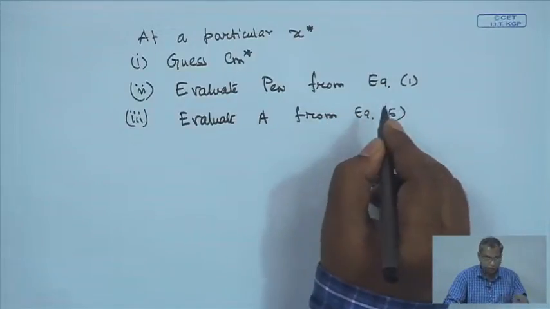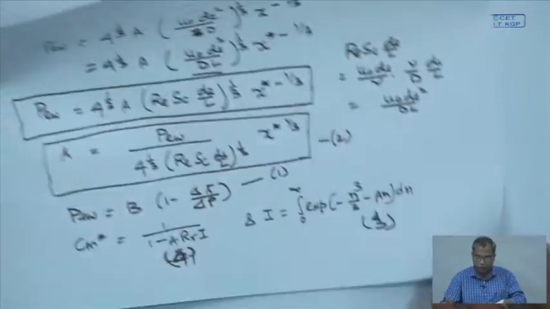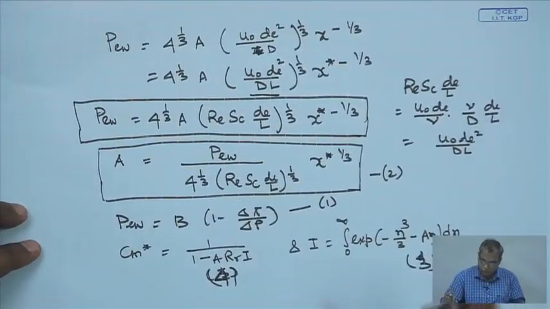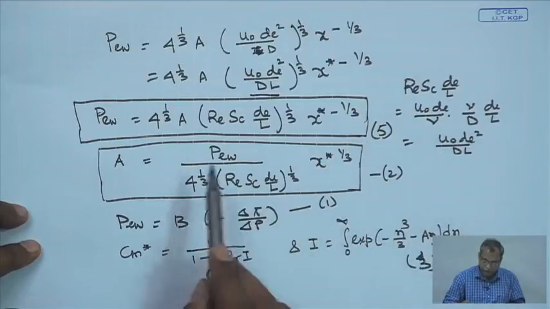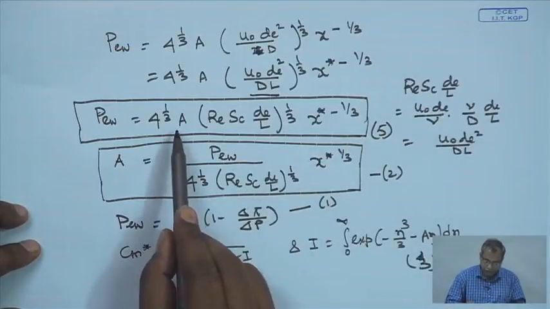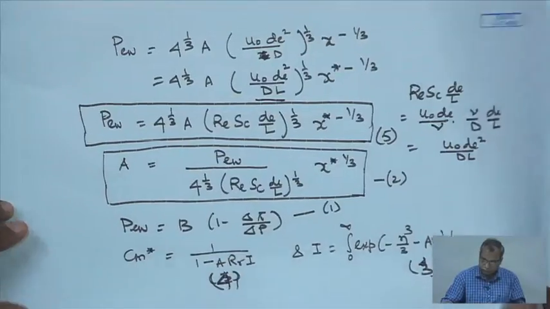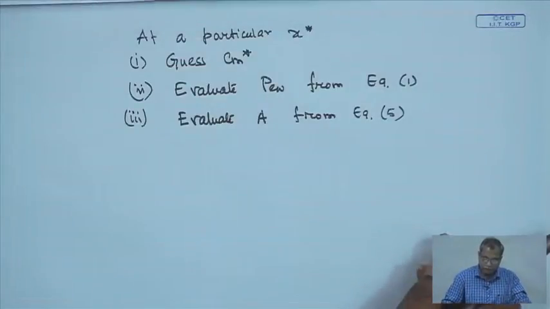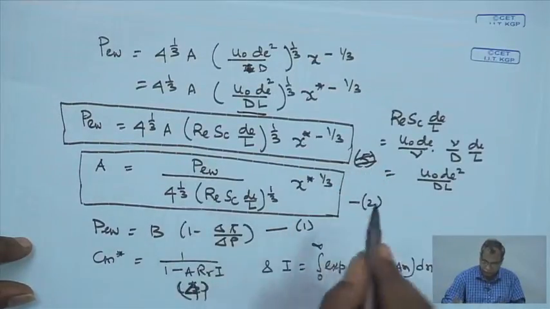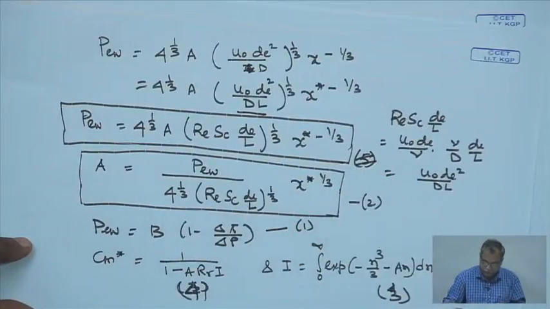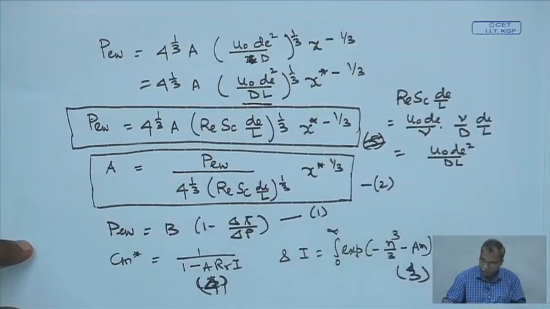from equation 5. So, what is our equation 5? In the previous slide, we wrote this is the equation 5. Once we get the value of A, we will evaluate A from, so 5 is not required, this is obtained from there only. So, we will be getting the value of A from equation 2.